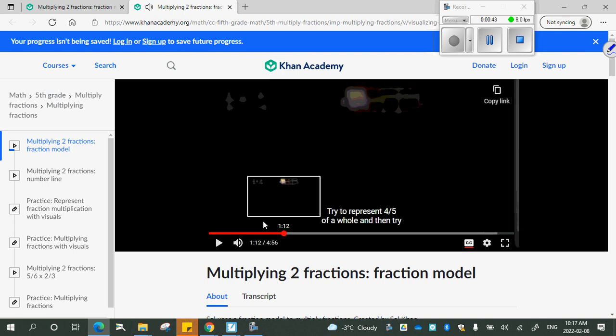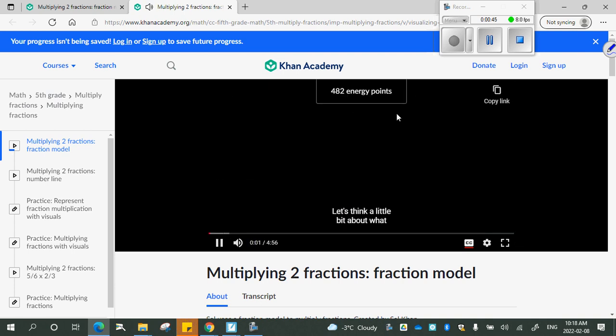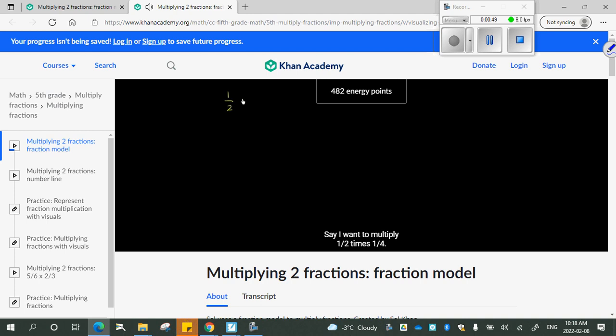Let's think a little bit about what it means to multiply fractions. Say I want to multiply 1/2 times 1/4. Well, what can we think about this? This is 1/4.